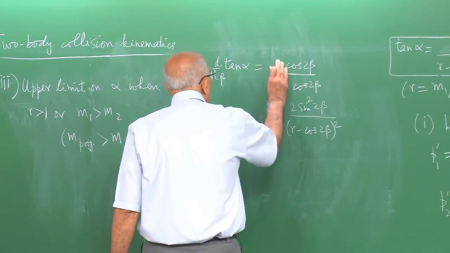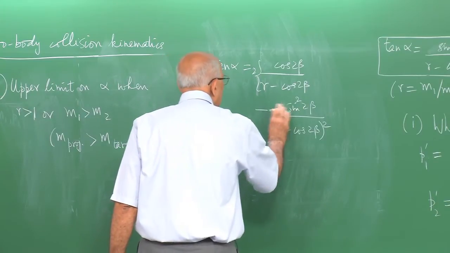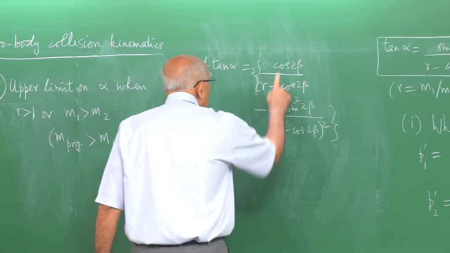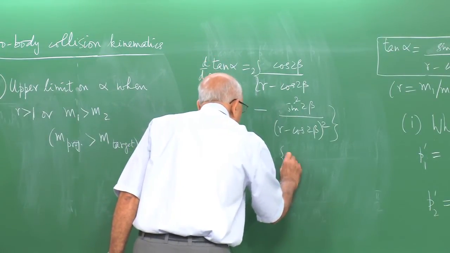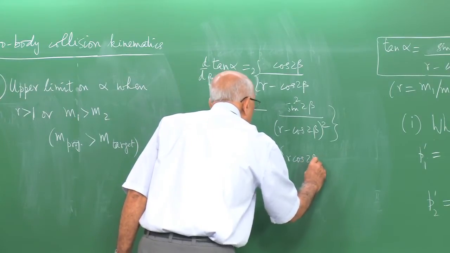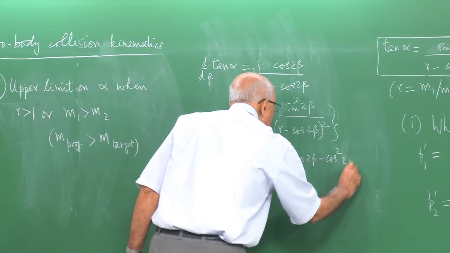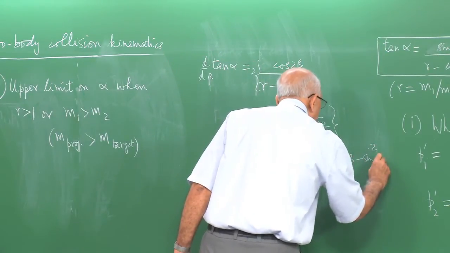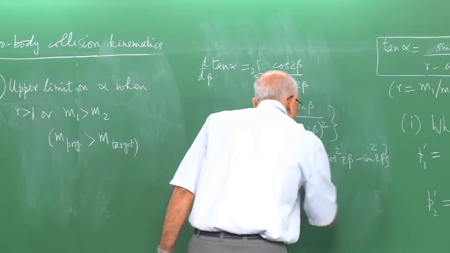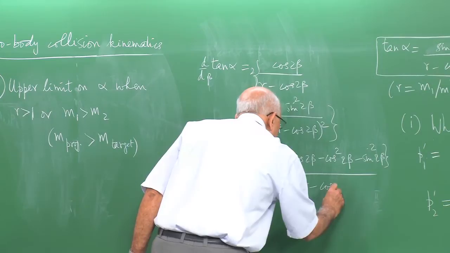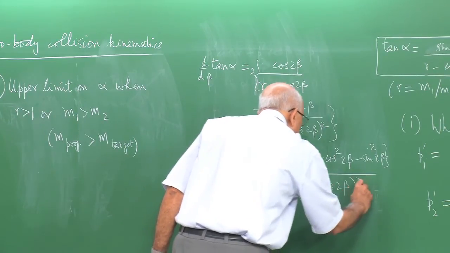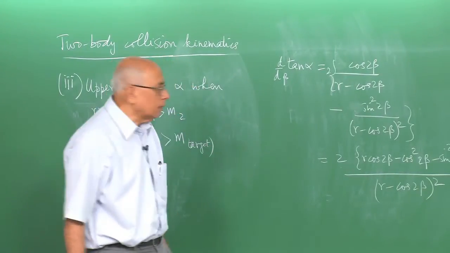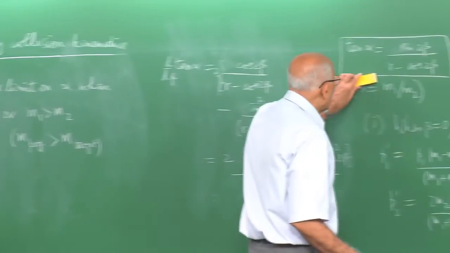Take out the 2, and this is equal to twice r cos 2 beta minus cos squared 2 beta, that takes care of this times that, and then minus sin squared 2 beta, divided by r minus cos 2 beta, the whole square. So that is the derivative of tan alpha with respect to the angle beta, and in an extremum that is got to be equal to 0.